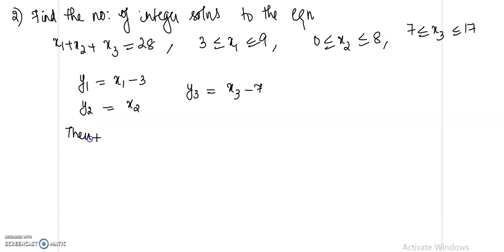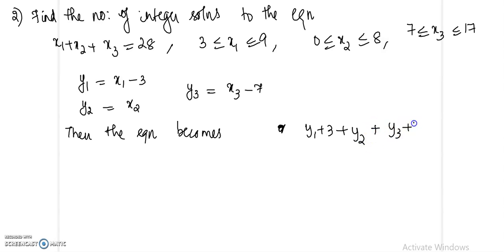Then the equation becomes, in terms of y1: y1 plus 3 plus y2 plus y3 plus 7 equal to 28.